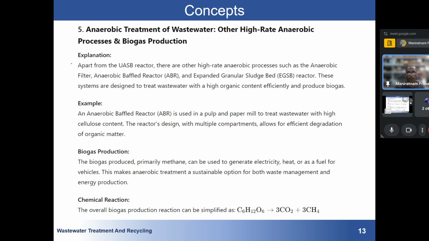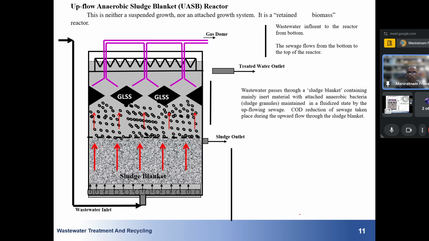Their systems are designed to treat wastewater, and the overall chemical reaction is that the organic matter gets converted into methane in an anaerobic reactor. We have the formation of CO2 and methane gas, and we have seen that this is not a simple process.